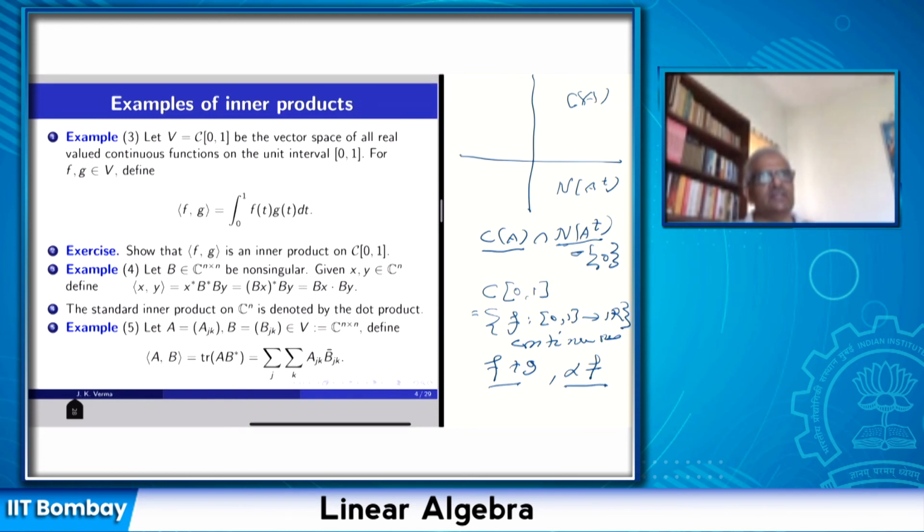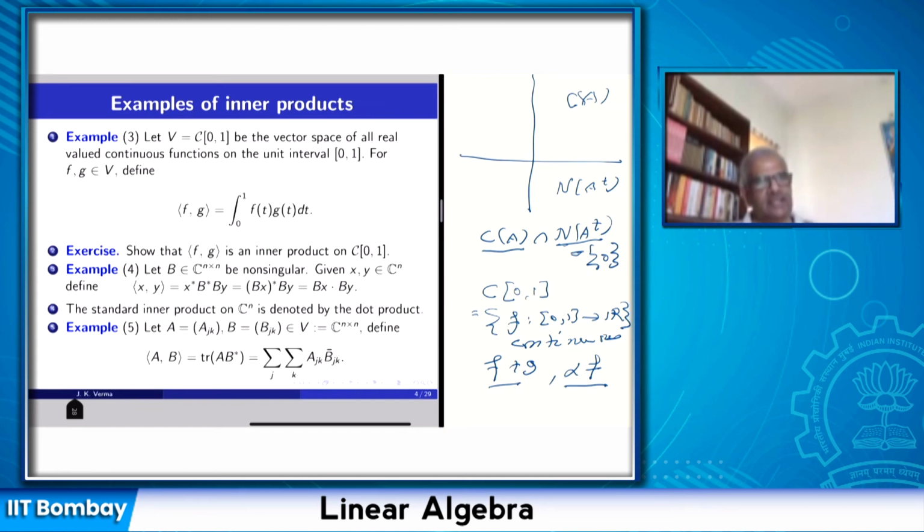There are n square entries in this n by n matrix, so I can arrange them row wise or column wise. But fix a method of arrangement, and the n square entries will give me a vector in n square dimensional space. So every n by n matrix is represented by a single point in n square dimensional space.